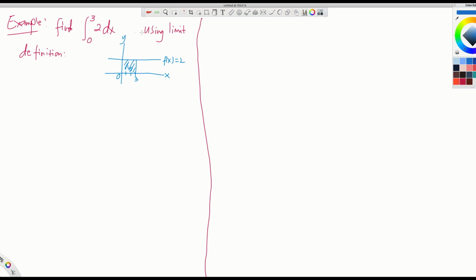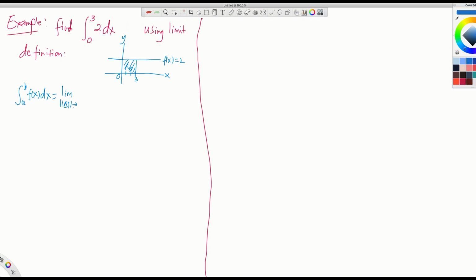Now, you want to use the limit definition, okay? So how do I use the limit definition to find that? Let me recall the formula. We know that the Riemann sum, the definite integral between a and b under the function f(x), is given as the limit as the norm tends to 0.